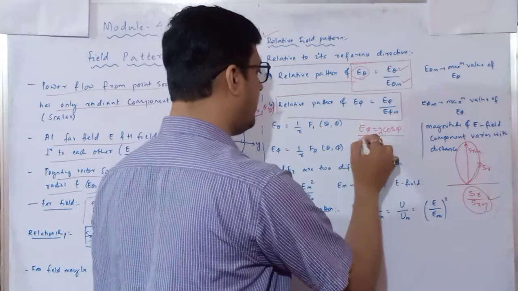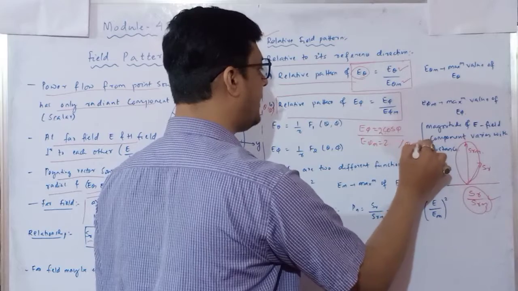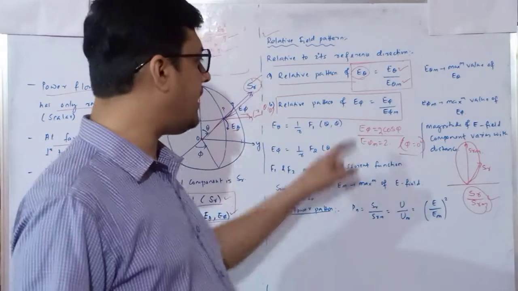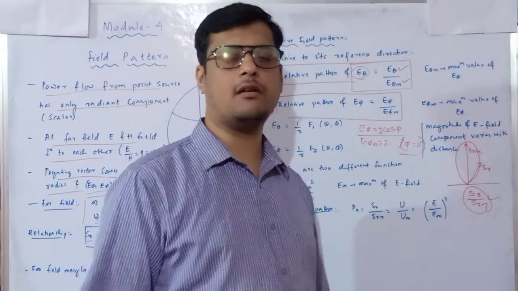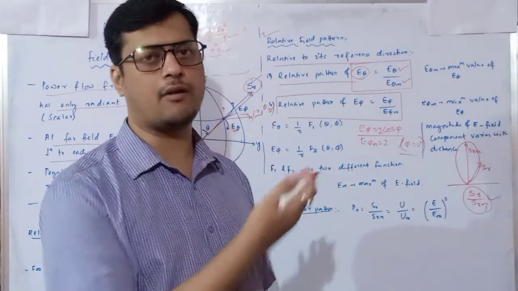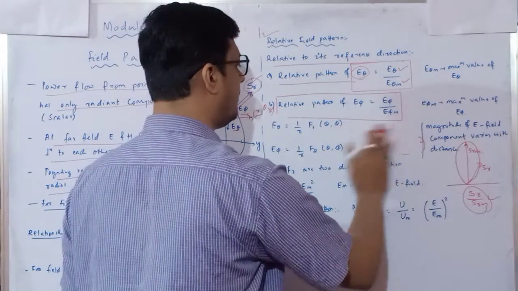The maximum value will be obtained as 2 when phi is equal to 0 degree. So this is the maximum. If you divide E phi by E phi m, you will get your relative field pattern, and that relative field pattern is in terms of cos phi. Simple, okay. So this thing we have to keep in mind.